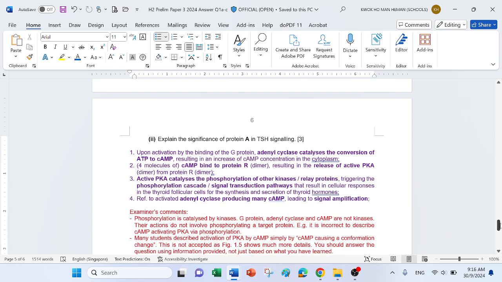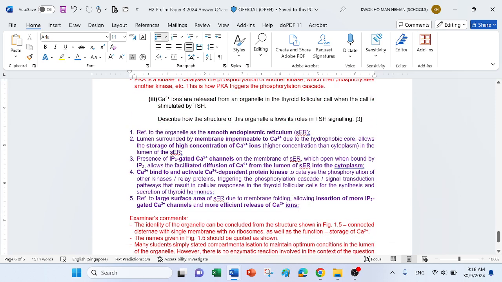So cytoplasm, yeah. Then we can talk about the function of calcium itself. So what is the importance of releasing the calcium in terms of TSH signaling? That is to bind to and activate the calcium-dependent protein kinase as given in the diagram, the full name. That will go on to further propagate the signal in the signal transduction pathway.